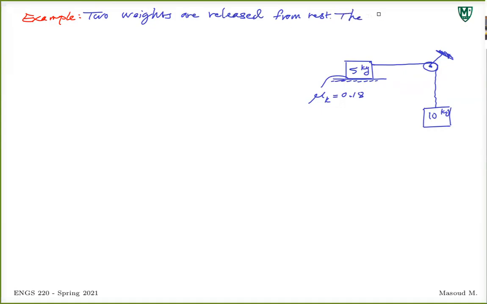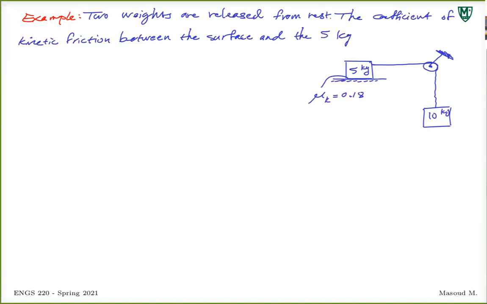The coefficient of kinetic friction between the surface and the 5 kilogram mass is mu_k = 0.18.